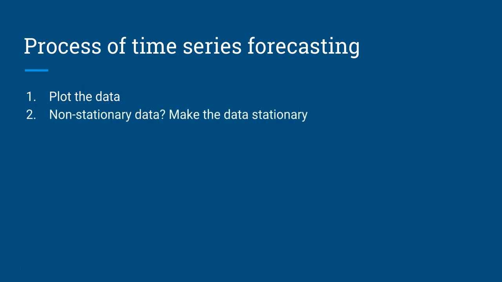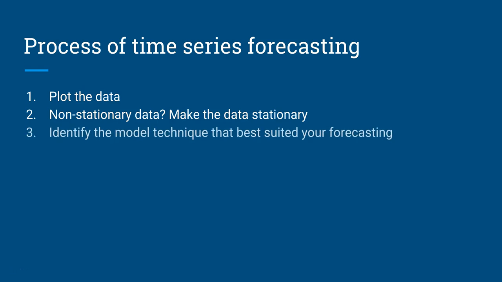The second thing is non-stationary data. That means there are different components, trend, cyclical, seasonal, or irregular, that make the data non-stationary. The third thing is to identify the model technique that best suits your forecasting. There are a number of methods, and we will see what all these different methods are in the next slide. Then go ahead and do the forecasting.